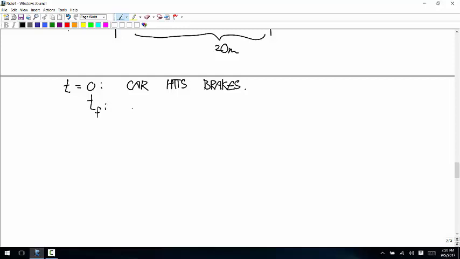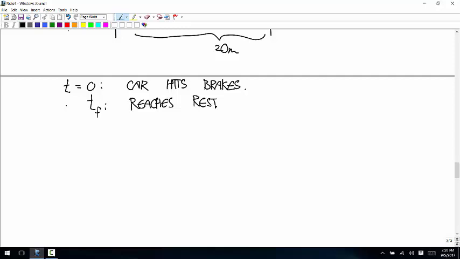Okay, I'll just write it as reaches rest. At that instant, we know that the velocity is 0 because he's stopped. And we know that the position is 20 meters farther. Well, we haven't chosen directions yet, but we know something about how far he's gone. We'll be able to use that for the position.